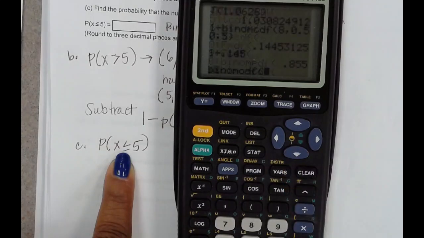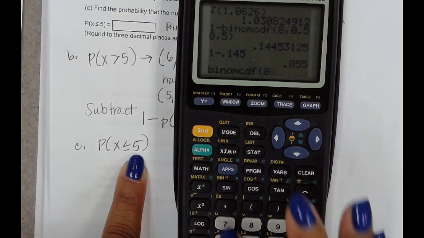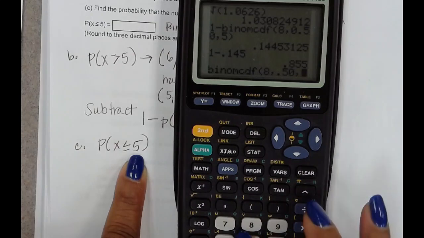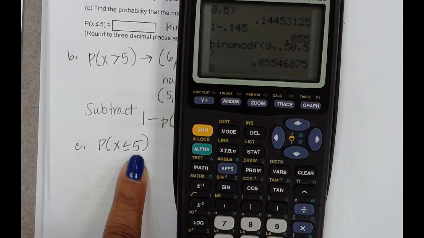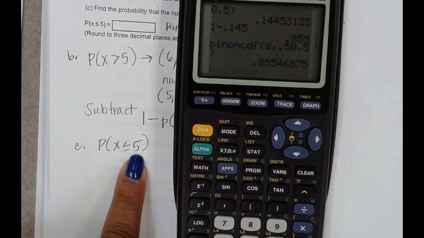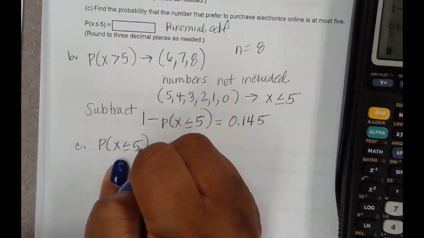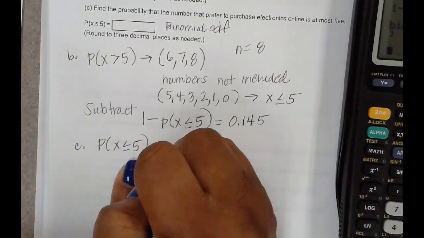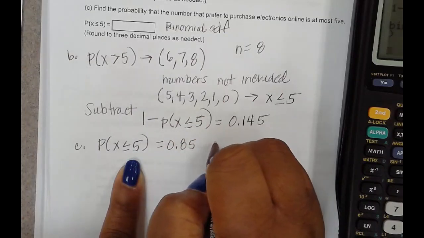The number of people is 8, at 50%, and 5. Oh guys, look, it worked out. So the probability of less than or equal to 5 people preferring to buy their electronics online is equal to 0.855.